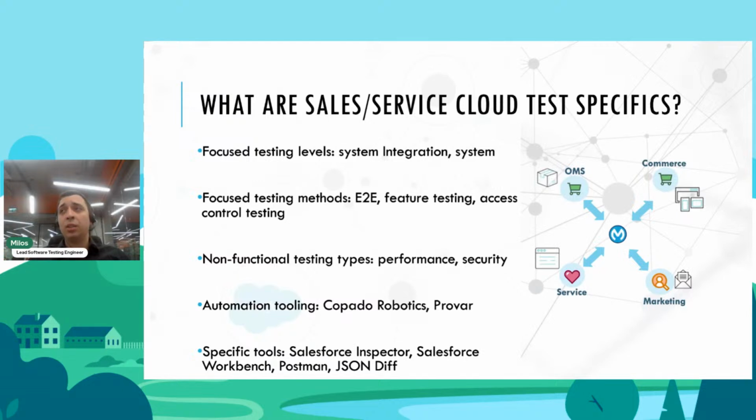I personally used some other tool, but at the point that I was working, Copado Robotics was not that developed, or not known well. But Copado Robotics is really good, and the experience that I had with it is that it is easily set up, almost codeless, same as Provar. So it really offers a good way to automate, for example, your regression tests or any test that you want to automate, in a quite fast way.